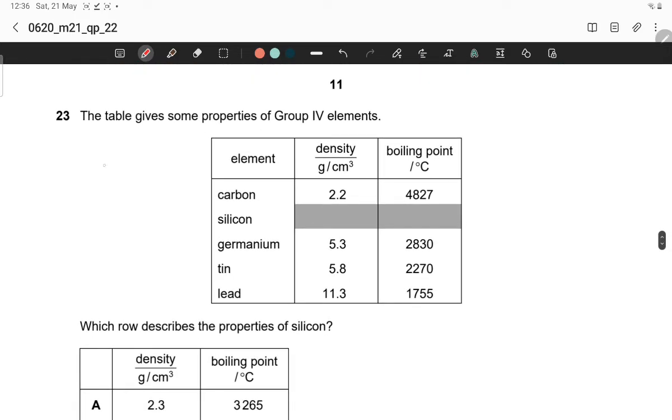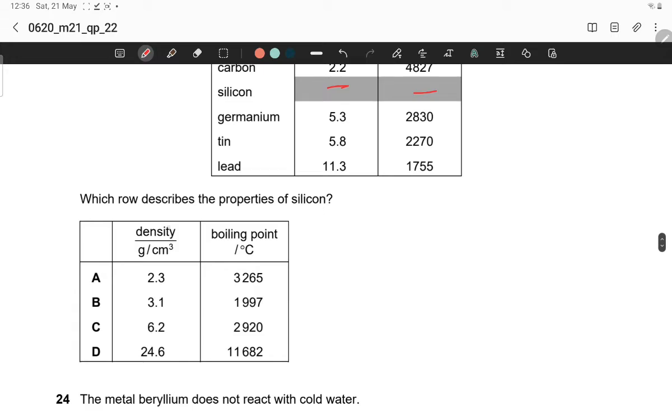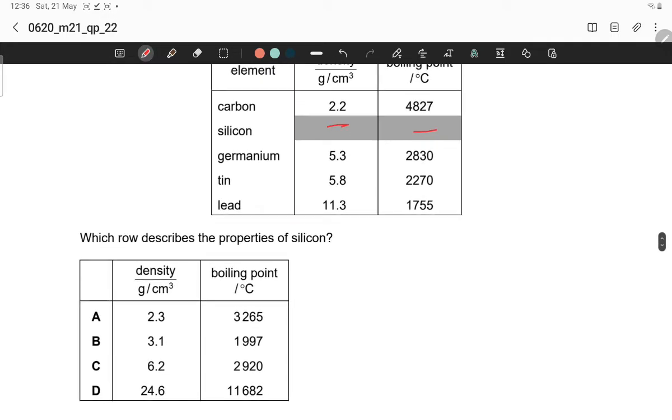Question number 23. The table gives some properties of group 4 elements: carbon 2.2, 4827, silicon blank, germanium 5.3, 5.8, tin and 11.3. Similarly, boiling points. Which row describes the properties of silicon?